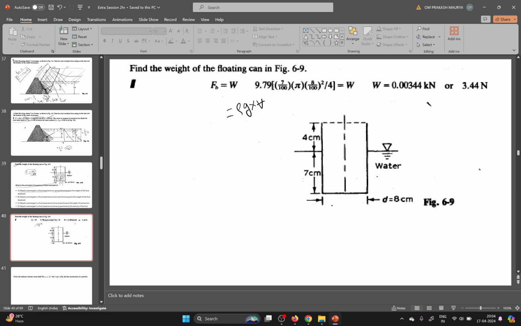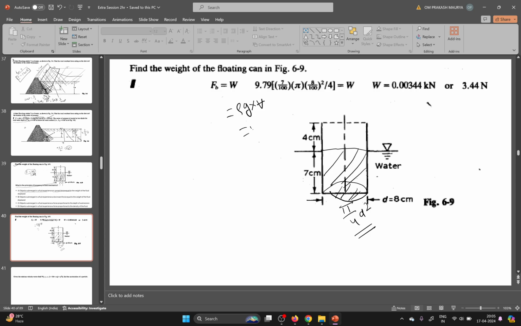So how will you calculate the volume? The surface area of the base is pi by 4 into d square, into the submerged part of the body, 7.